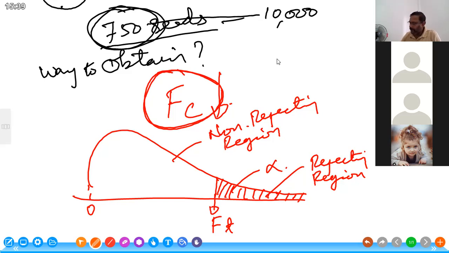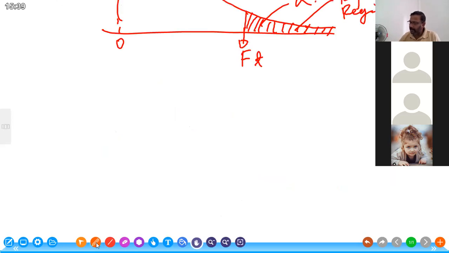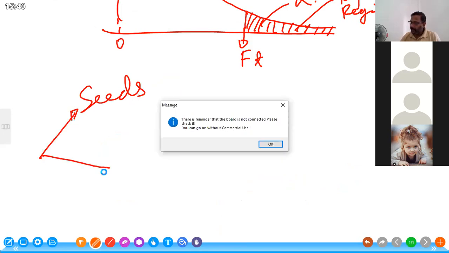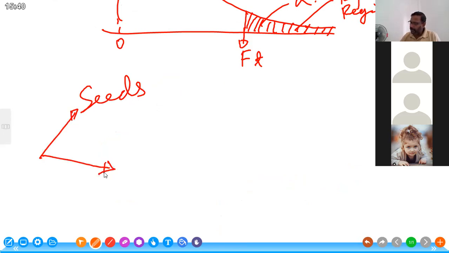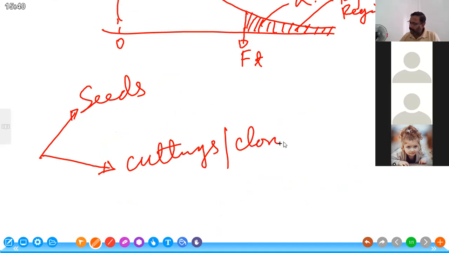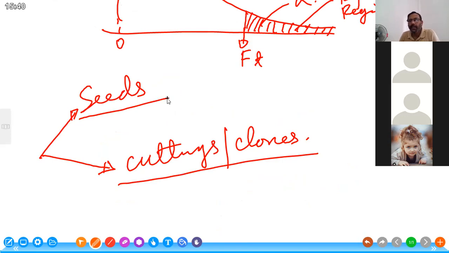So if you take, for example, seeds as a planting material for the experiment, and meantime, if you take cuttings or clones, what do you think? Where can we reduce the unexplained variability much more?